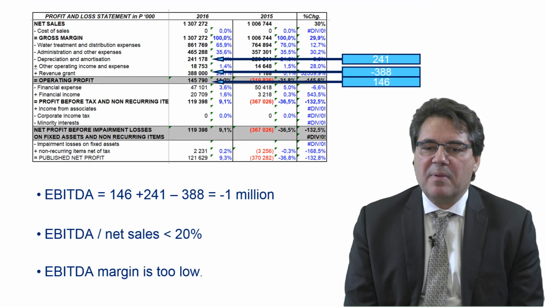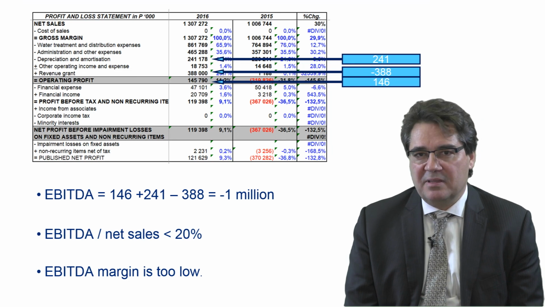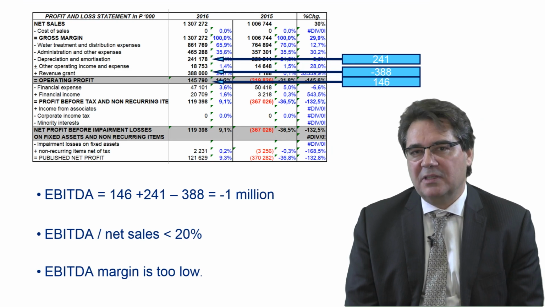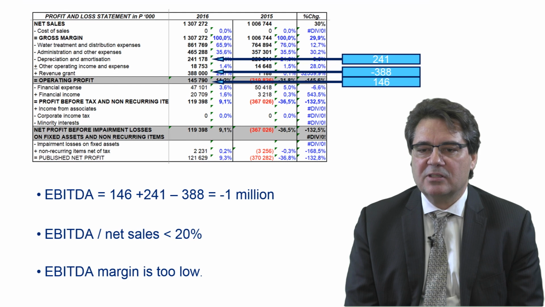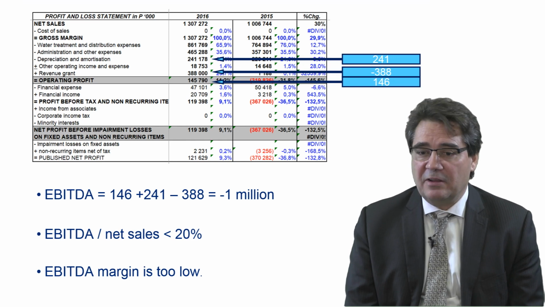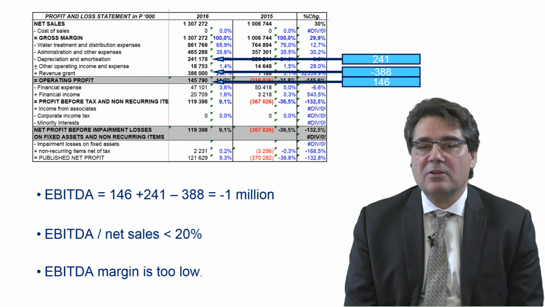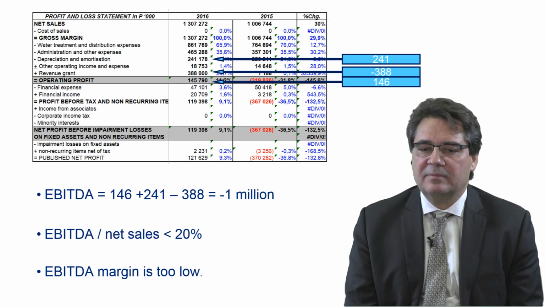The P&L of the company does not provide for EBITDA, so we have to compute it by adding depreciation and amortization and deducting revenue grant to operating profit. According to the notes to the financial statement, the 388 million revenue grant is a non-cash income.